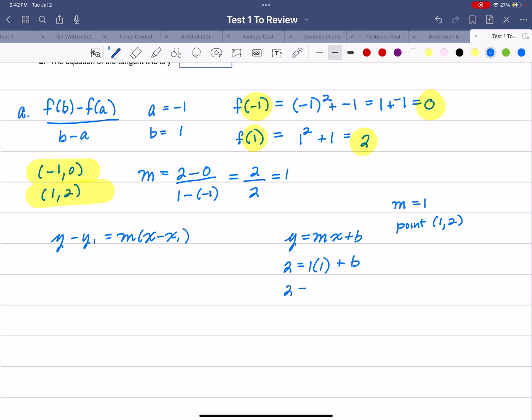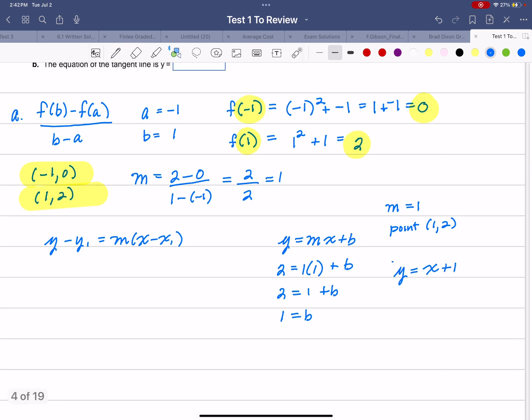So that's 2 equals 1 plus b. Take a 1 from both sides, 1 equals b. So my final answer there is y equals 1x, or just x, plus 1. So that's my answer to part A. Y equals x plus 1 is the equation of the secant line.